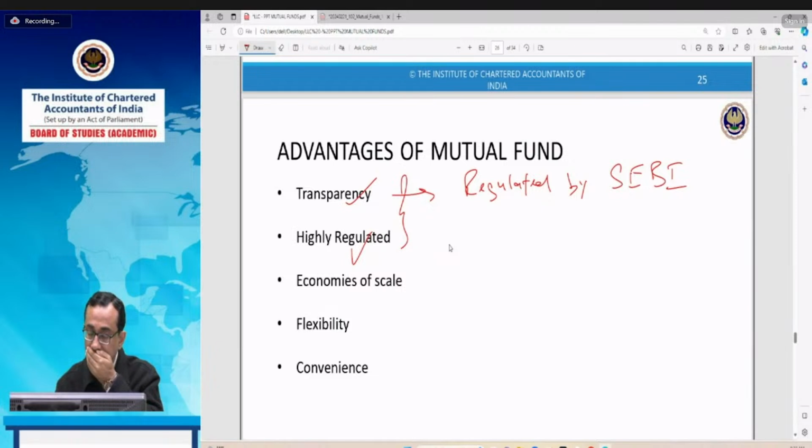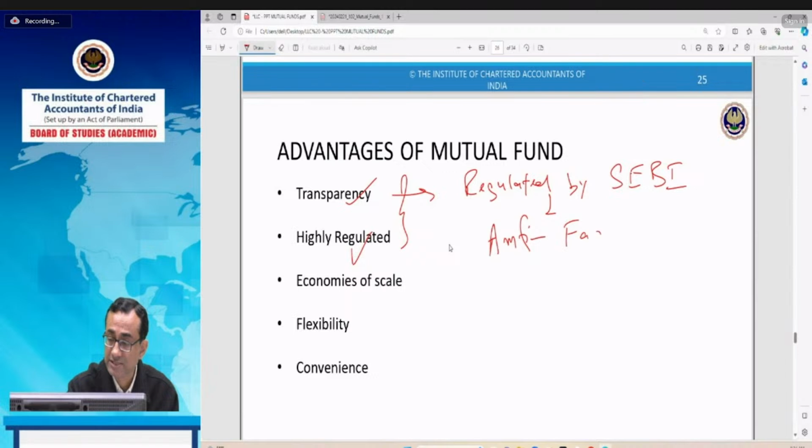And that is why transparency is there, because SEBI is constantly changing its rules and regulations to make the mutual fund more investor friendly. And all the information has to be disclosed by the mutual funds promptly at their website, and in the case of AMFI also. AMFI, as I have said, is the Association of Mutual Funds in India, which is a facilitator.